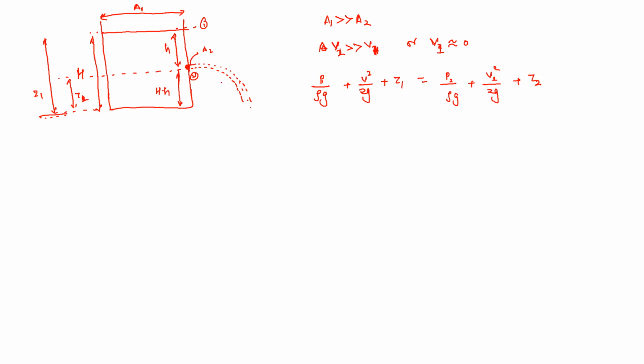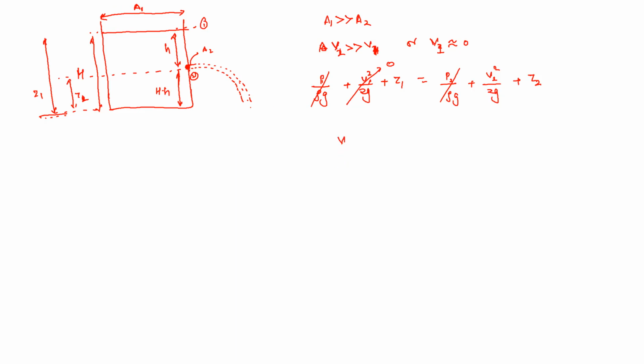So from here, because both are at atmospheric pressure, you can simply take this out. And you can also take your V1 out, since the area here is much larger.